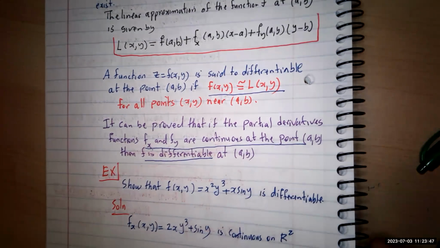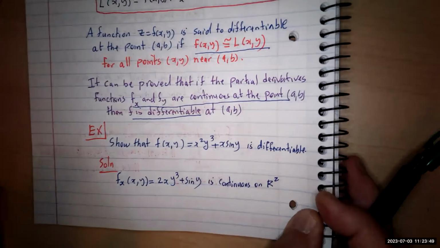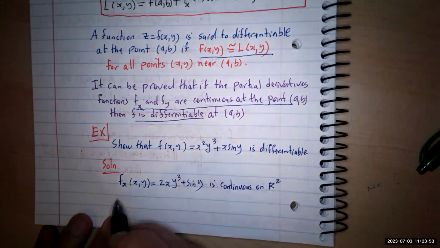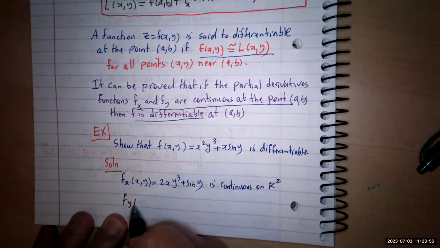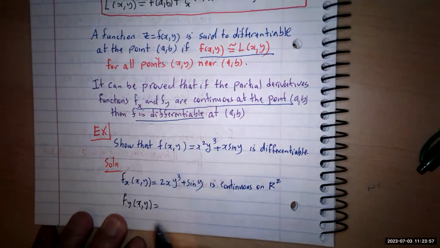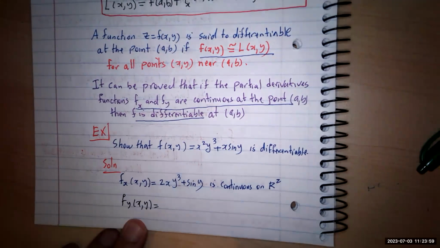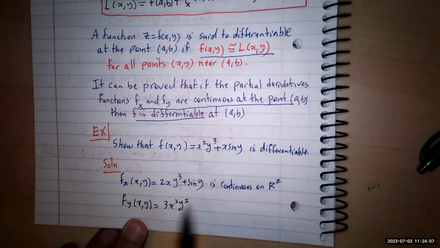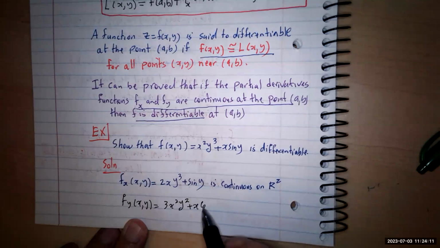Similarly, find the derivative f sub y of x comma y. Differentiate with respect to y: 3x squared y squared, plus, with respect to y, sine becomes cosine, so x cosine of y.